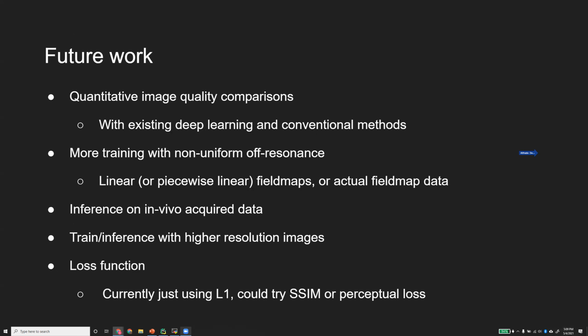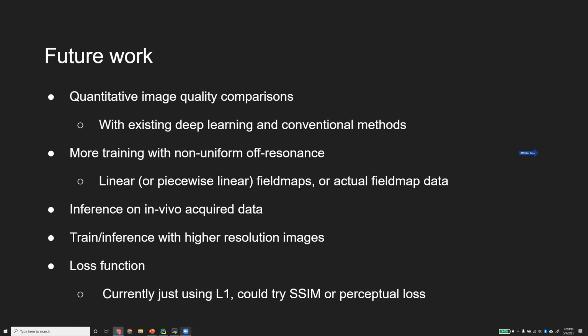Future work we want to do is better evaluation. There's something that is not quite working when we actually use in vivo data. Maybe it's our inference, maybe something else we have to look at. Previous work has done well training on constant field maps and then evaluating on non-uniform ones, so we have to figure out what we're doing wrong.